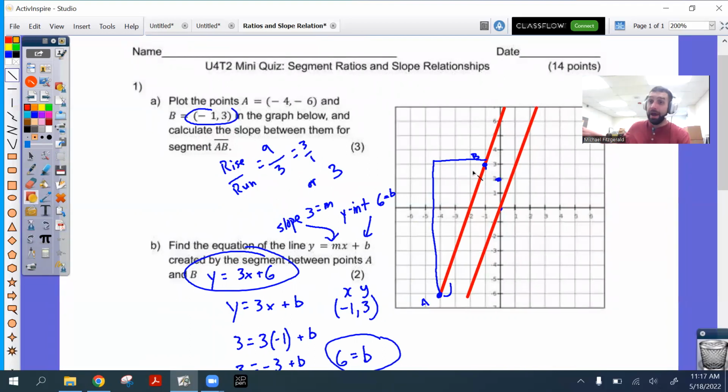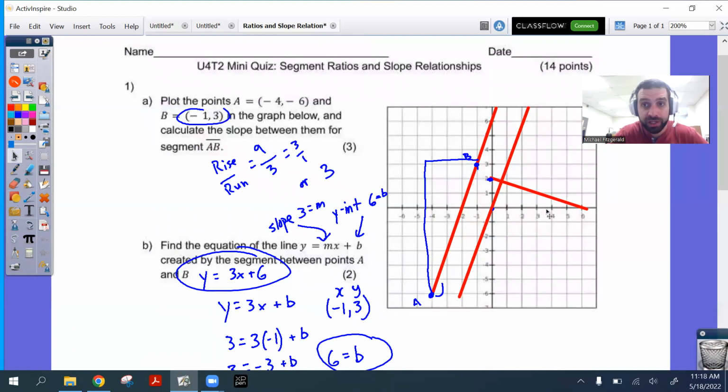So that means I'm going down: my decrease in rise is 1 every time I go over 3. I'm going to be going down 1 over 3. Let me just increase the length of it. Something like that.